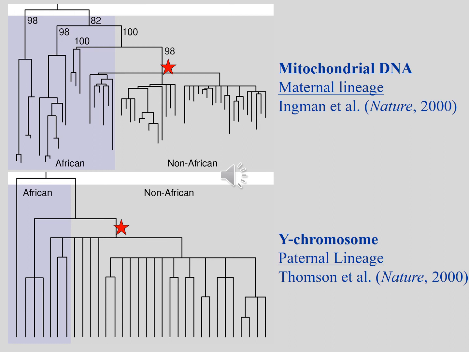And they're only found in one side of the family tree, your mother's side or your father's side. It makes it a little easier to do this work, because then you don't have to deal with some of the complications of DNA inside the nuclear genome. And these were done around the turn of the millennium.